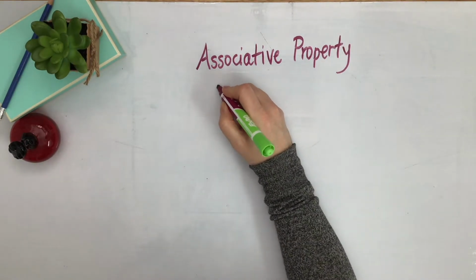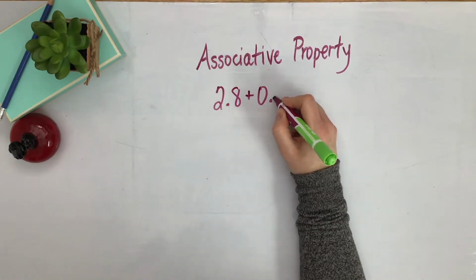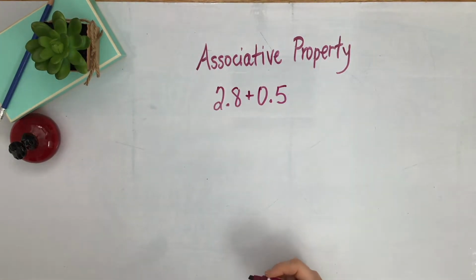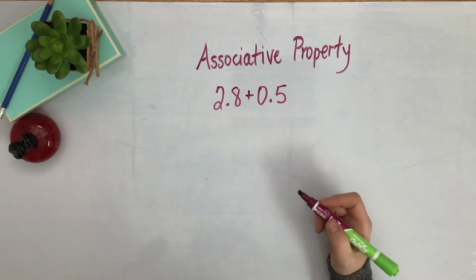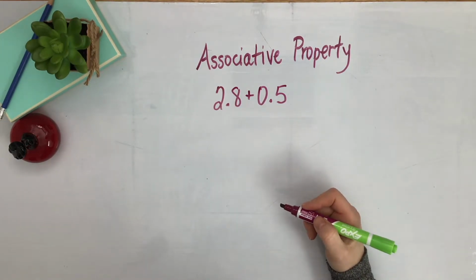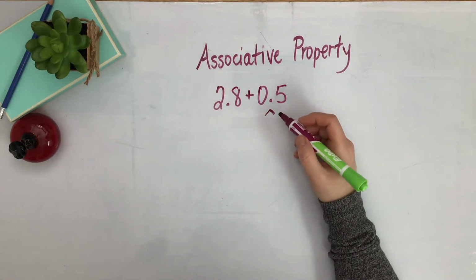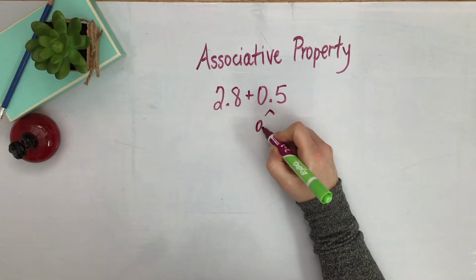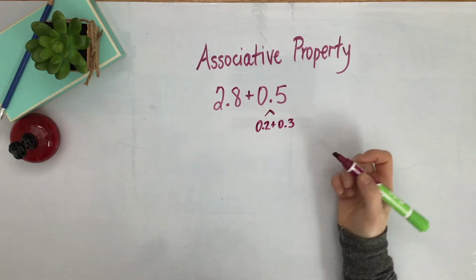Let's take, for example, 2 and 8/10 plus 5/10. Now, I want to make this easier for myself. I am going to use the associative property to make some friendlier numbers. So, 5/10 could have come from, say, 2/10 and 3/10. We know it was built by some smaller numbers.